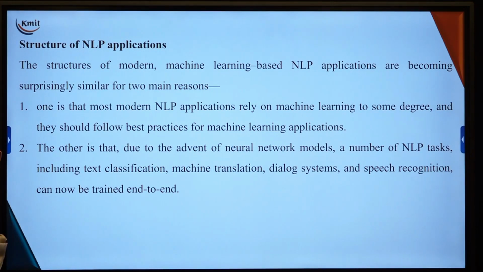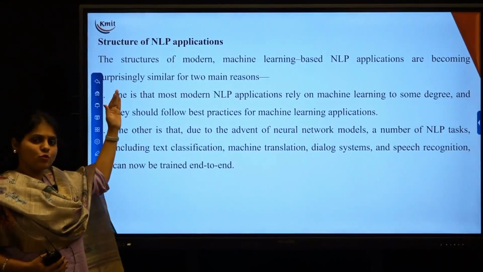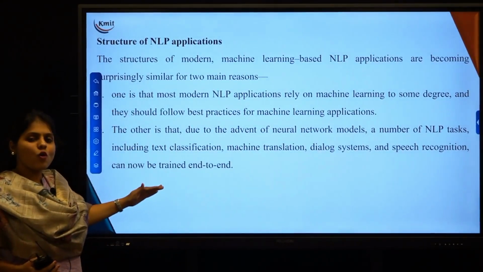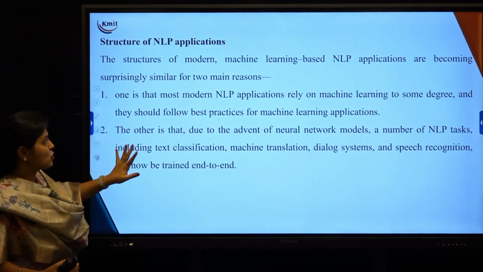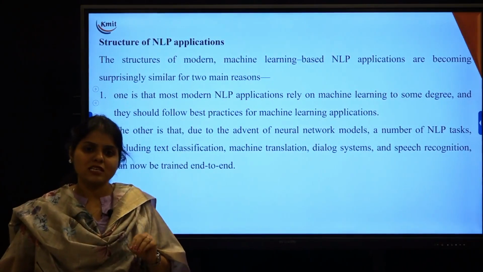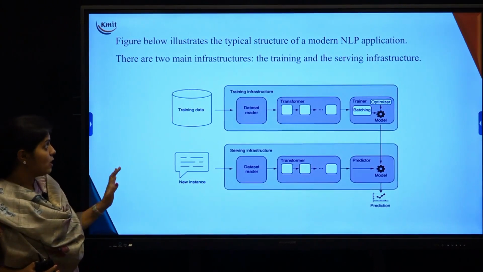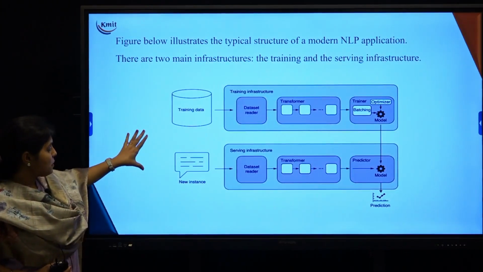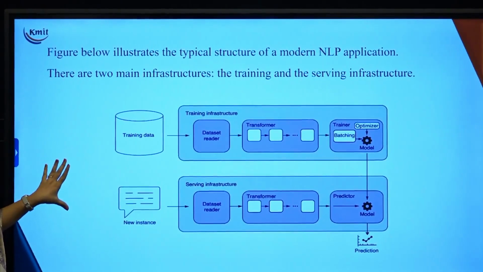So we use machine learning algorithms and deep learning models to execute all the applications of NLP. The structure of NLP applications requires machine learning models and neural network models, that is, deep learning architectures.